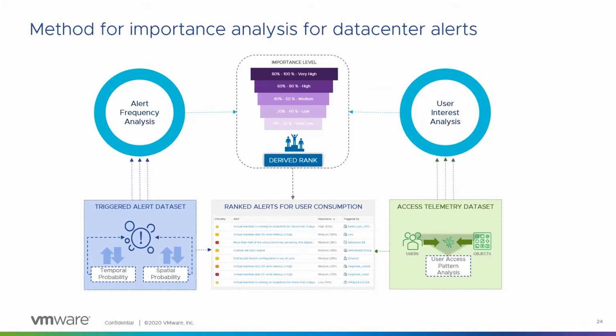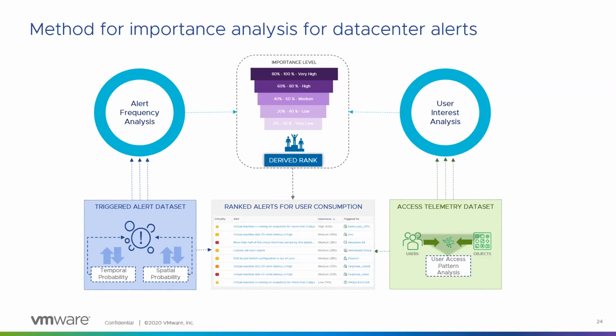Now, this is done by two methods, and then the composite of both methods is what is leveraged to derive the importance of a given alert. The first one is alert frequency analysis. If a problem is happening too many times in your environment and you've not taken care of it, chances are it's not important to you. That's one. The second is the spatial probability. Here, one is temporal probability, which is part of the triggered alert data set: how many times an alert has triggered.